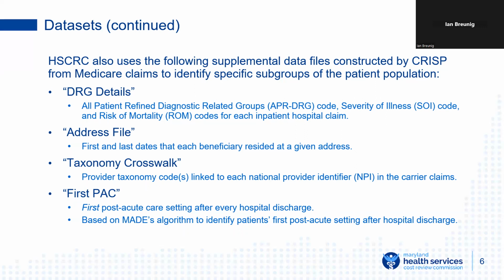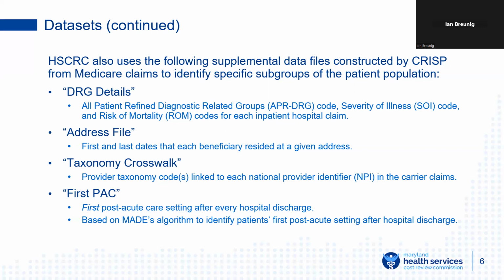The files that are pertinent here to the CTI populations are the DRG details files, which are used to identify CTI populations based on the diagnostic criteria recorded on inpatient discharge claims. The address files, which provide each beneficiary's complete residential history and are used to identify CTI populations based on geographic criteria.